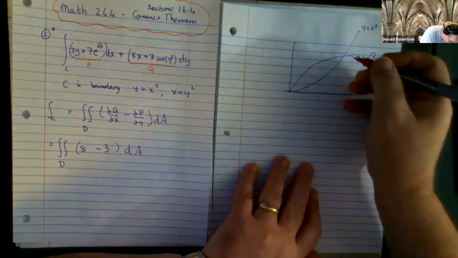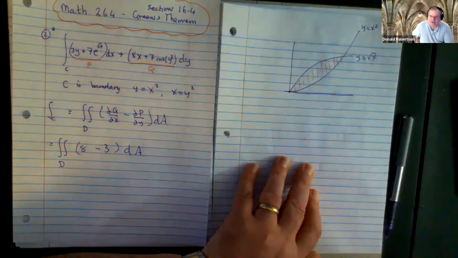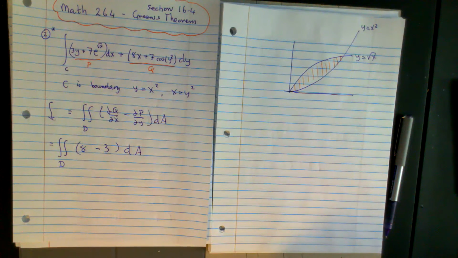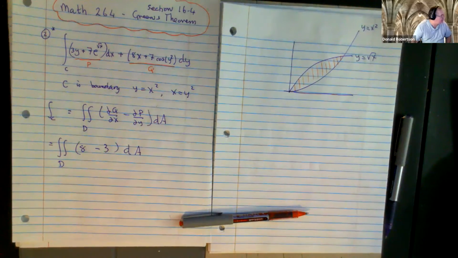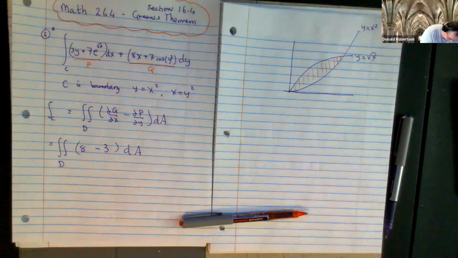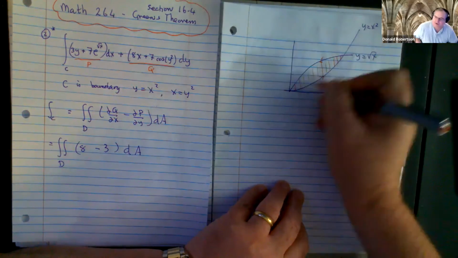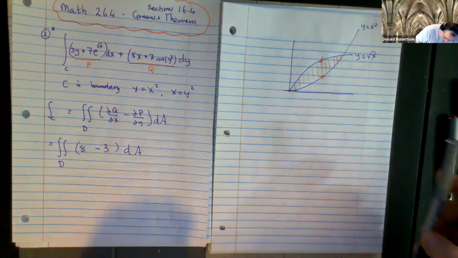And we are talking about this being the region D. I'm now having second thoughts about this. I don't know if they mention orientation. Oh, great. It's positive direction. So if you didn't know, it would be going up this way and down that way, right? Anti-clockwise.